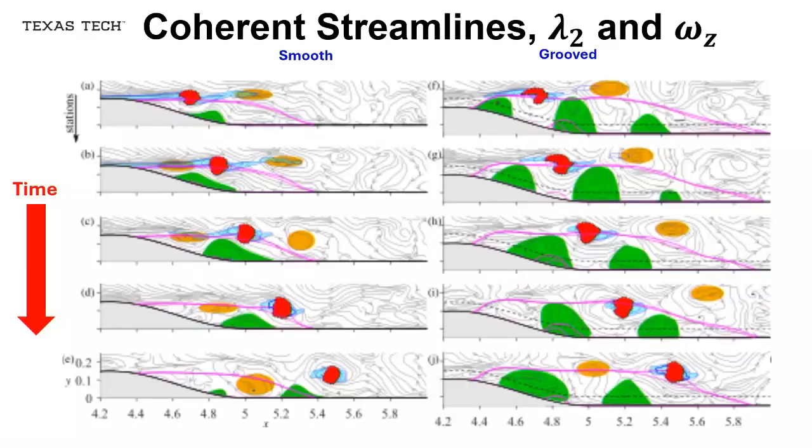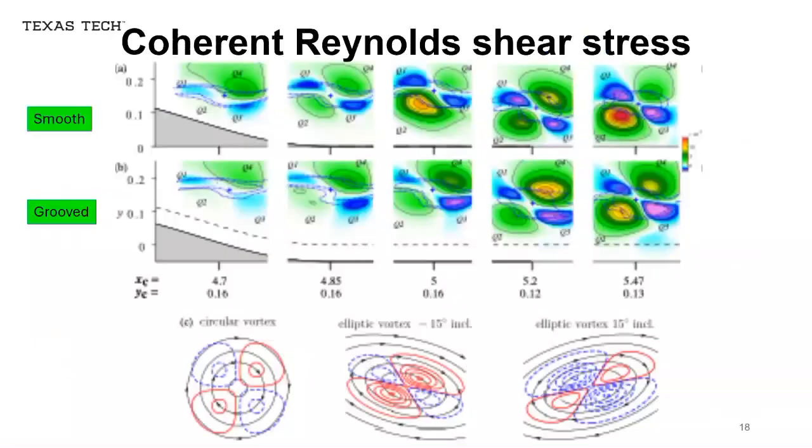And in the case of the grooves, what we find is that this secondary separation bubble only becomes more prevalent, bigger and stronger based on this phase-locked ensemble average. So the effect of the grooves is to increase those secondary recirculation bubbles inside the large separation bubble, and this will affect the overall unsteadiness of the separation bubble.